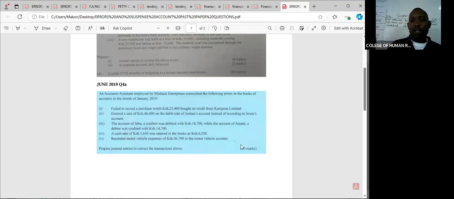You take it to the correct side. So we shall credit Jebu by 14,700 times 2 to reverse and to record. Hope you remember that from what we discussed on Monday. When a figure is on the correct side, if I can have an illustration of that again.